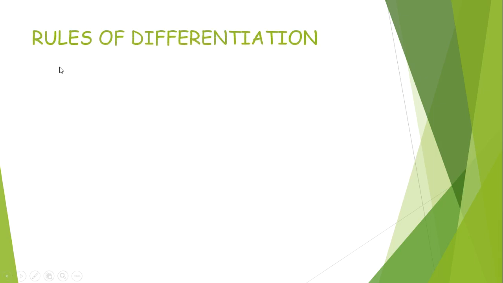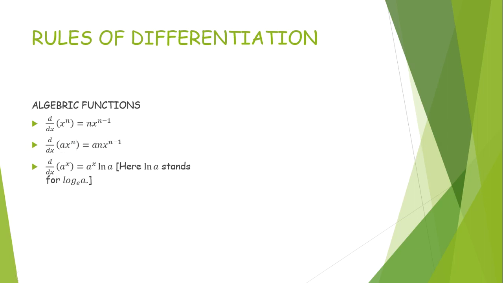Now we will discuss the rules of differentiation of various functions. Firstly, we will come to algebraic functions. d by dx of x to the power n equals n x to the power n minus 1. d by dx of a x to the power n equals a n x to the power n minus 1. Here a is a constant. d by dx of a to the power x equals a to the power x ln a.